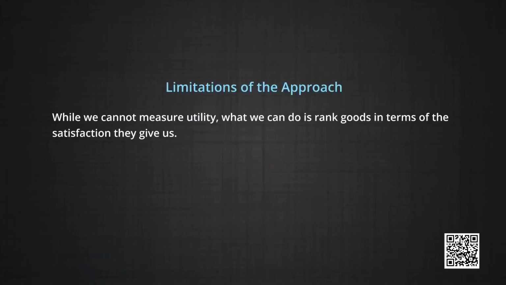While we cannot measure utility, what we can do is rank goods in terms of the satisfaction they give us. So, it is possible for me to say that I like mangoes more than bananas, or even more specifically, I could say that I like 2 mangoes as much as I like 3 bananas.